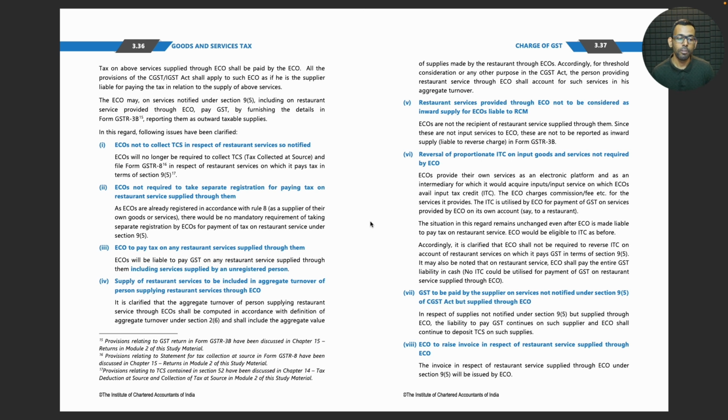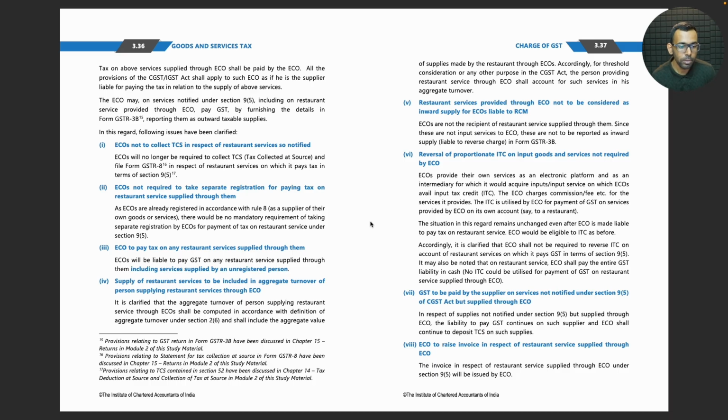In this regard, the following issues have been clarified. ECOs not to collect TCS in respect of restaurant services so notified. ECOs will no longer be required to collect TCS and file Form GSTR-8 in respect of restaurant services on which it pays tax in terms of Section 9(5).